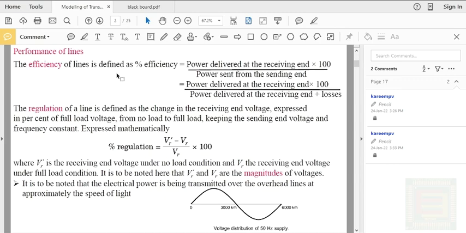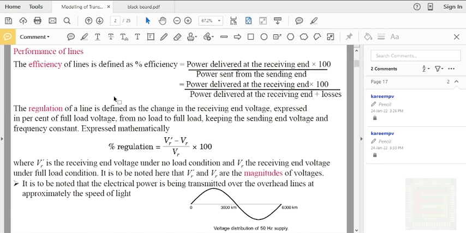Before we start the discussion on the modeling of the transmission line, let us see how to define the efficiency of a transmission line. The efficiency of a transmission line, like any other electrical equipment or apparatus, is given by the ratio between the useful power output and the power input. For example, in the case of a motor, the power output will be the useful mechanical power output, and the power input will be the actual power drawn from the system.